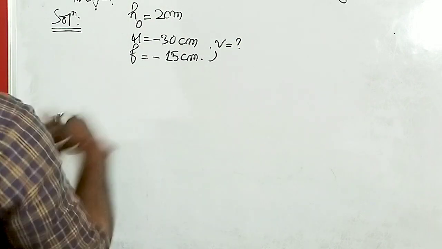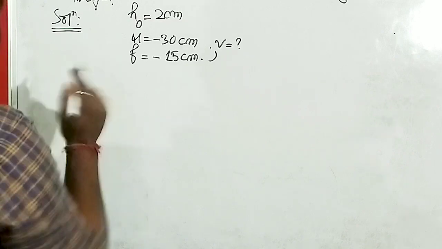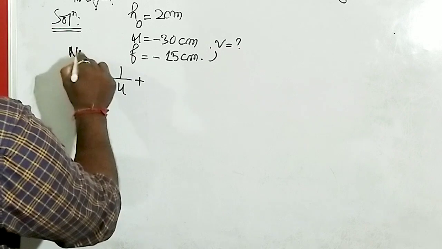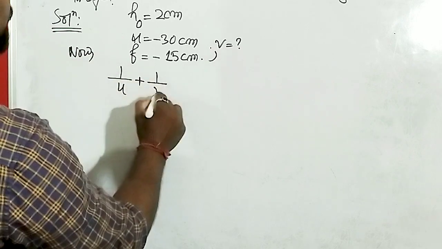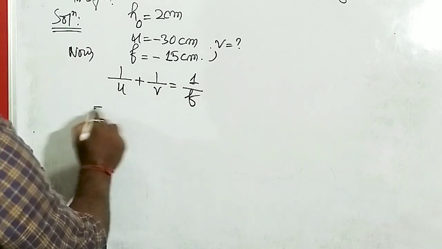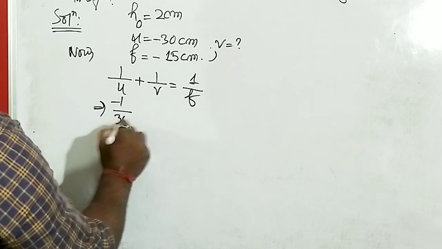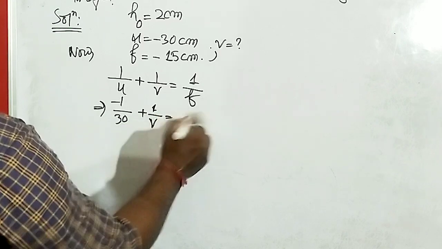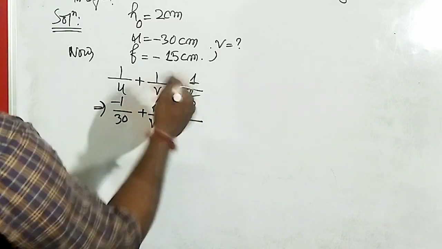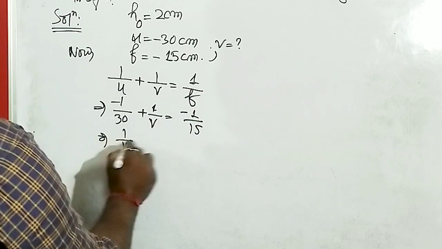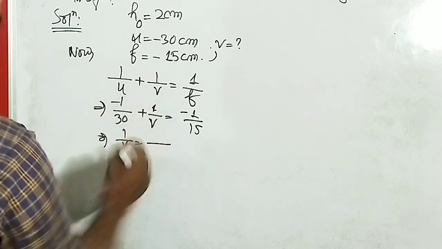Now we will use the mirror formula: 1 by u plus 1 by v equal to 1 by f. 1 by v, and u is minus 30, focal length is minus 15. We'll find the value of the image distance.